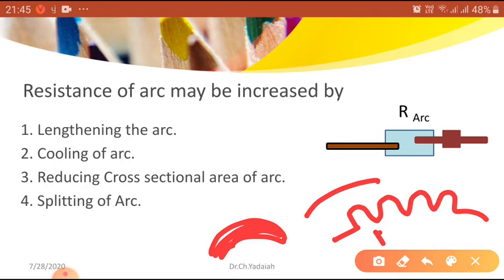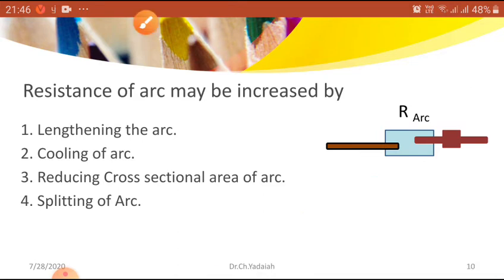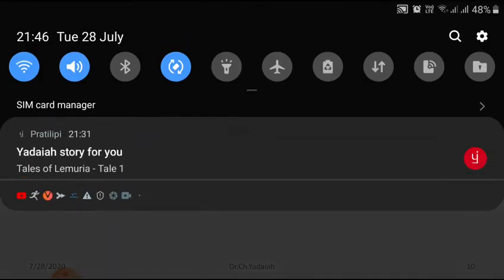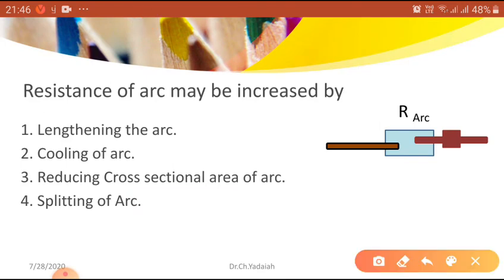The air enters, and there is cooling here, here, here and here. So by lengthening and splitting into a number of parts, it is brought to normal. You can see this in LT MCBs, generally used as our domestic MCB.